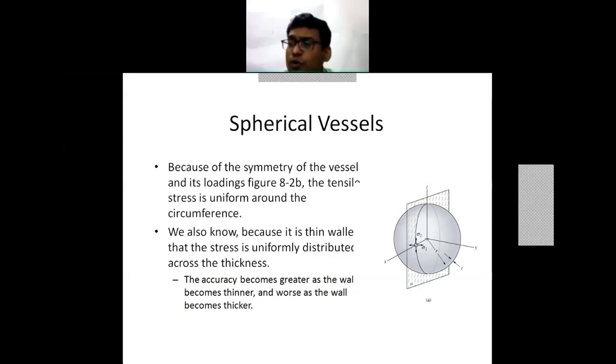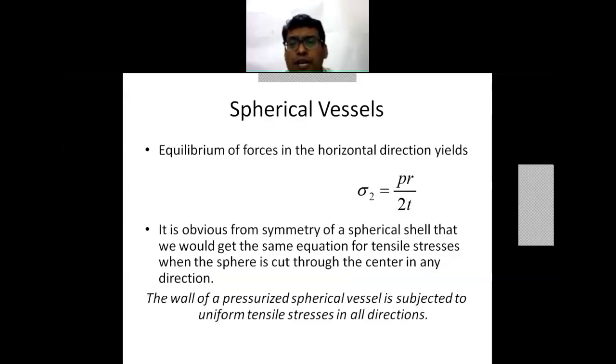And when you do the calculations, the longitudinal or axial stress will be the same as that of the spherical vessel stress. Because of the thin wall, the stress is uniformly distributed across the thickness and the accuracy is acceptable. So this is PD upon 4t, the stress obtained from the equilibrium of the forces in the horizontal direction.